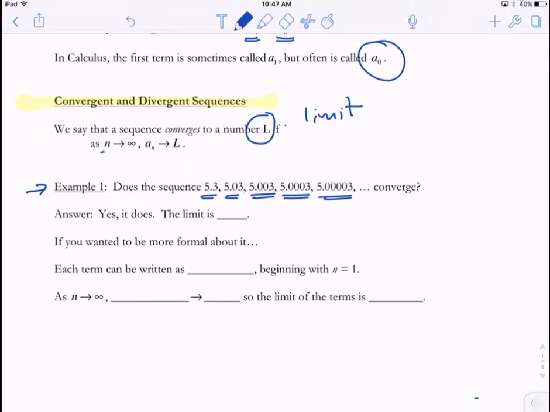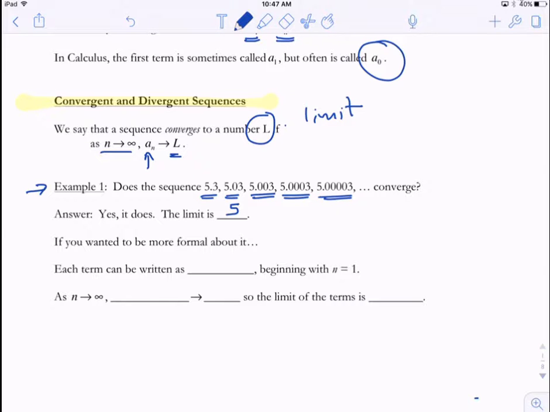So we say as n goes towards infinity, as I have more and more terms, each term is getting closer to that limit. In this example, this sequence converges to 5. It gets closer and closer and closer to 5.